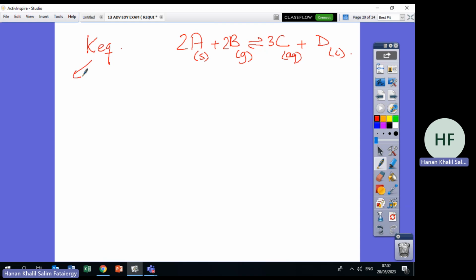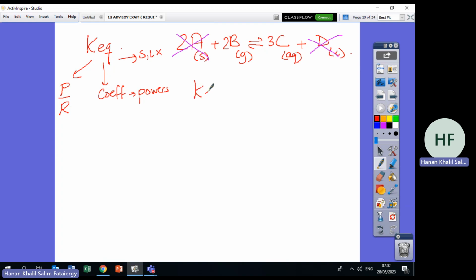Okay, now the 3 rules for writing K equilibrium are we write products over reactants. If there are coefficients, they become powers. Like this one becomes a power, and solids and liquids are cancelled. Okay, so this solid I cancel, this liquid I cancel.